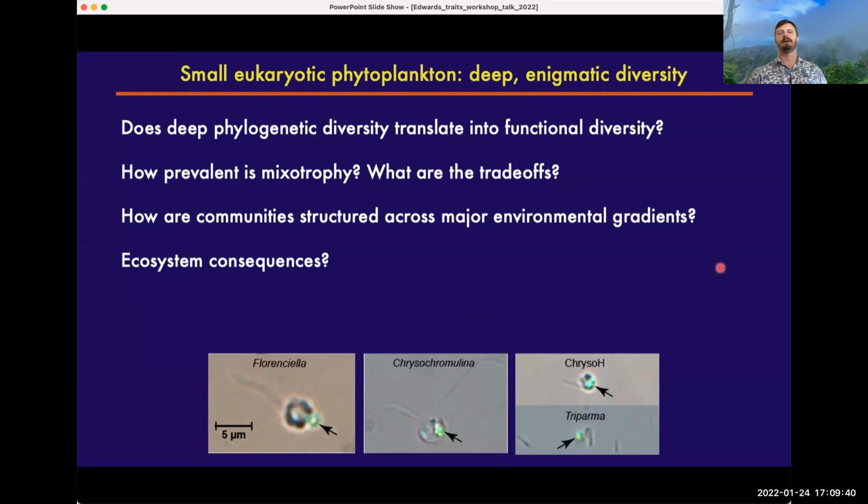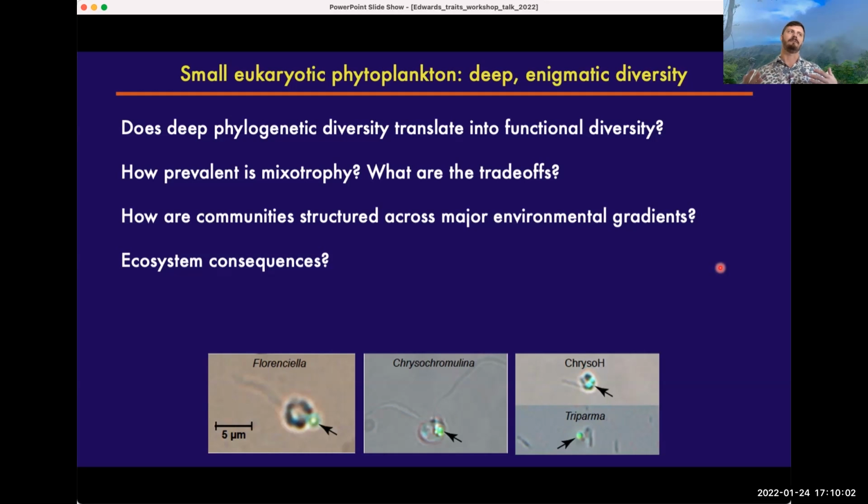So the questions that we're trying to address here are: does this deep phylogenetic diversity translate into functional diversity, with different traits and different effects on the ecosystem? How prevalent is mixotrophy? How many of these groups are doing it? What are the trade-offs that affect being a mixotroph?